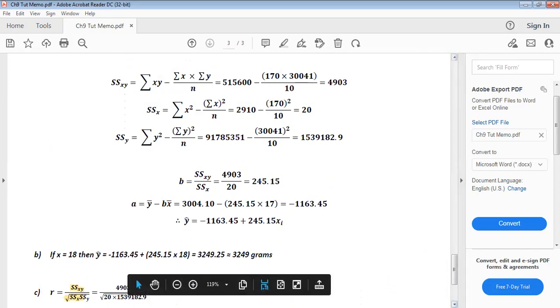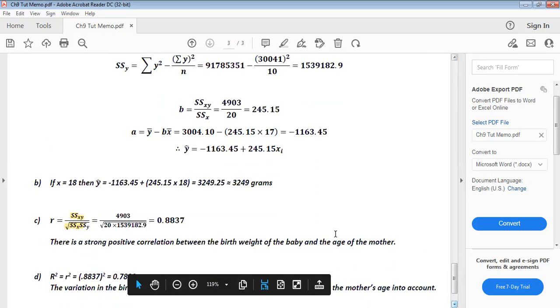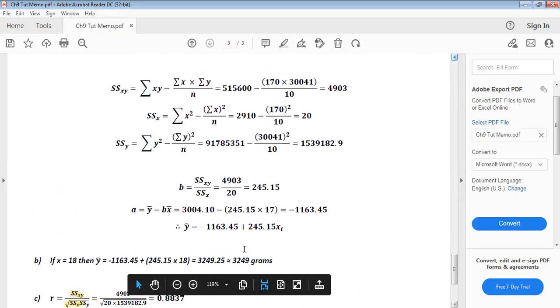The correlation of 0.88. So our correlation, let me just stop sharing. All right.